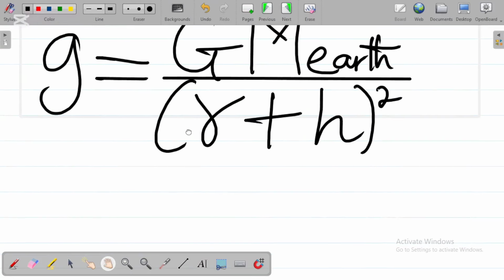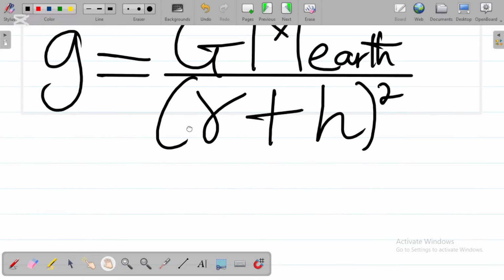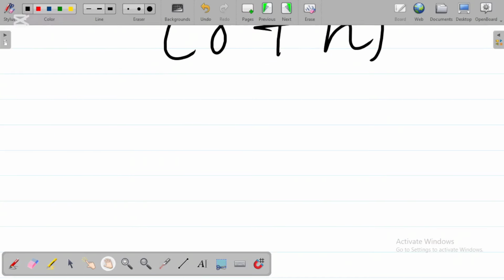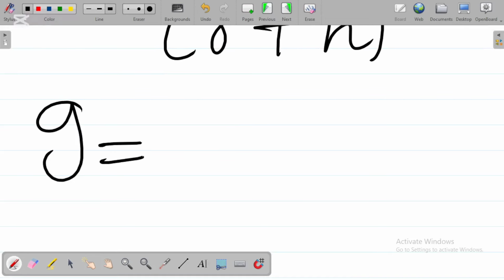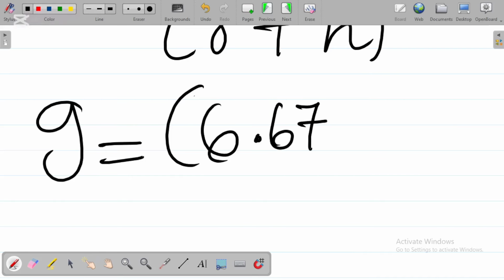All right, so let's substitute into this equation. We have that G is equal to, what's the gravitational constant? It is 6.67 multiplied by 10 raised to power negative 11.